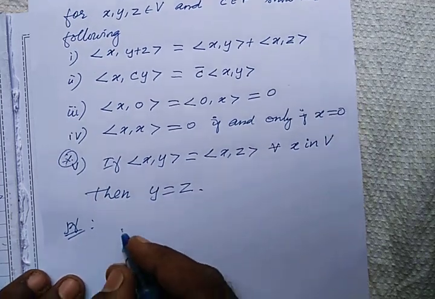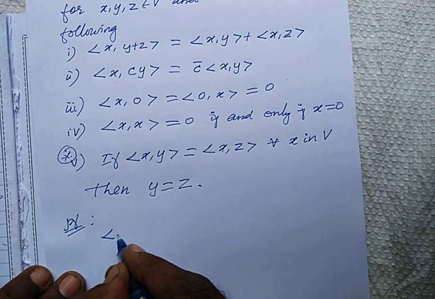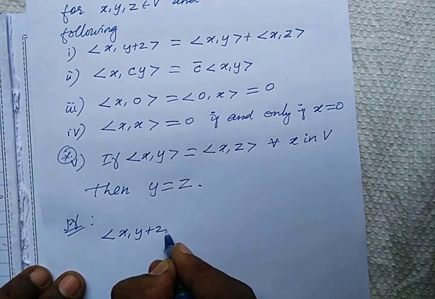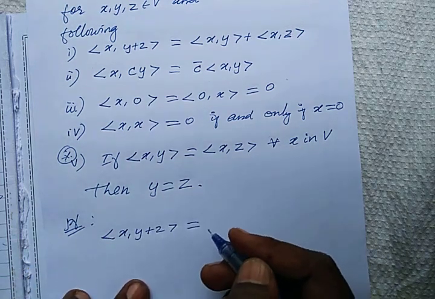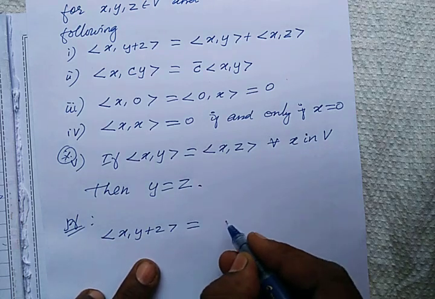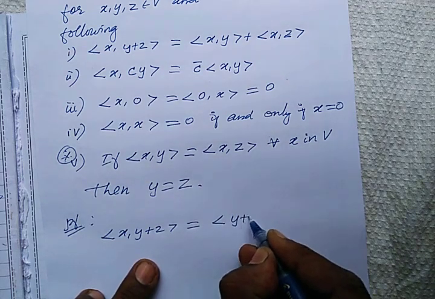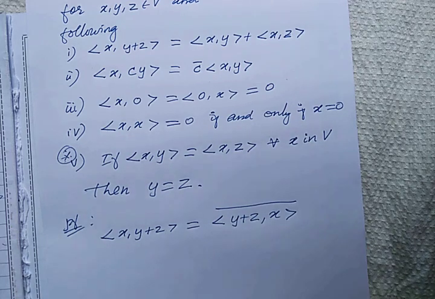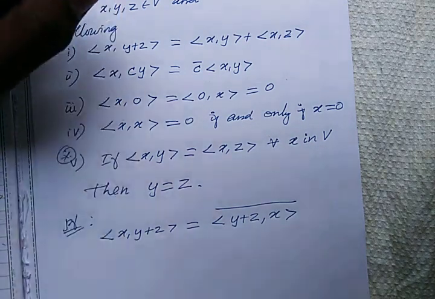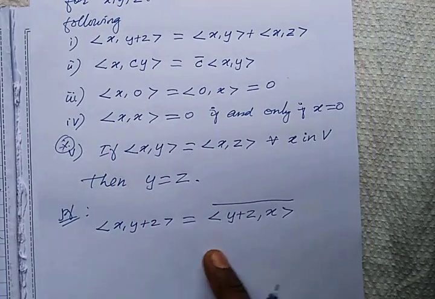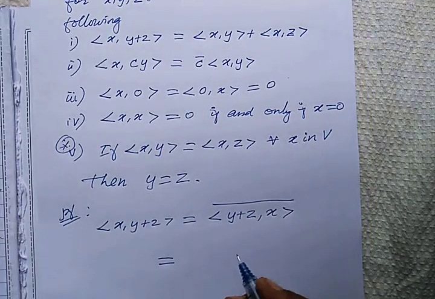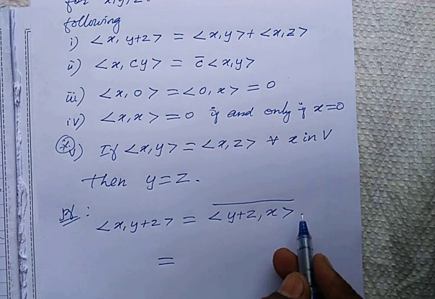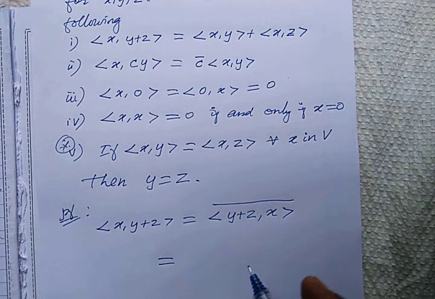The first one, let us prove the first one, inner product of x comma y plus z. We have seen that from the third condition, this is equal to inner product of y plus z comma x, the whole bar. And we know that it is an inner product, so addition in the first component can be split.